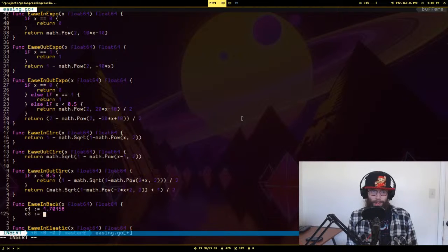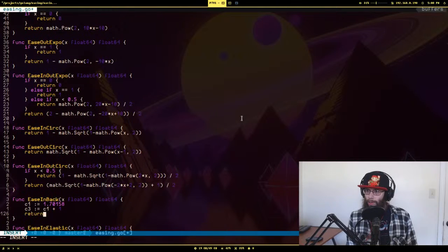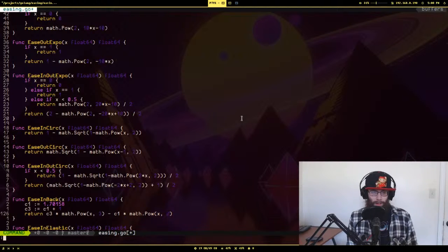C3 equals C1 plus 1. Return C3 times x to the third minus C1 times x to the second.